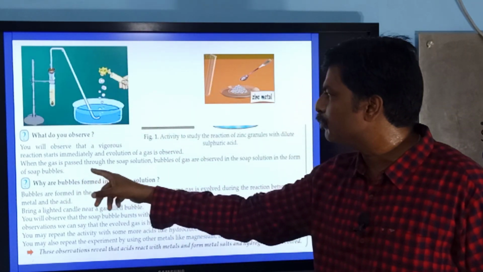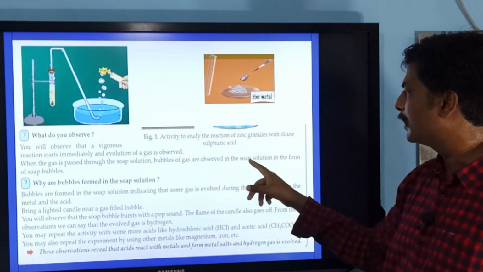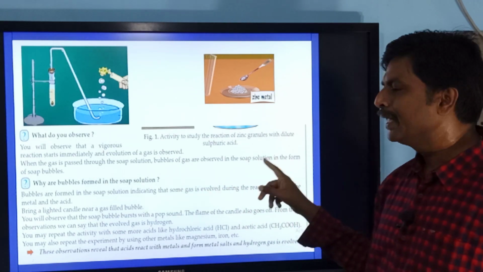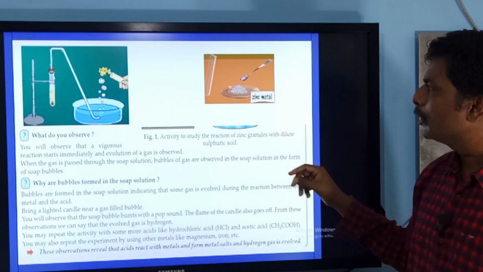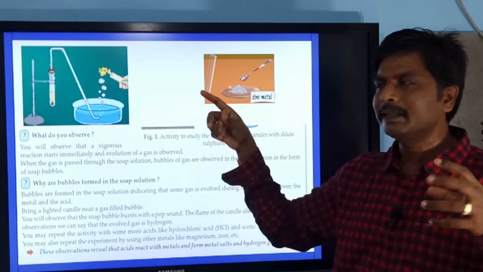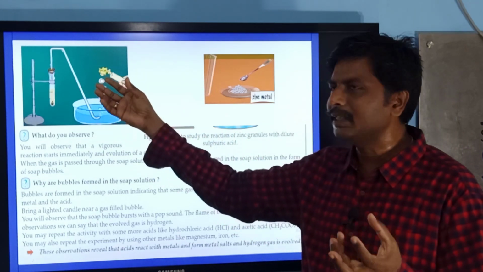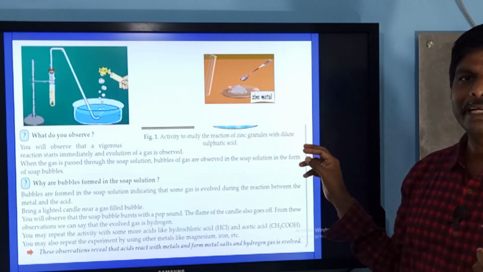When the gas is passed through the soap solution, bubbles of gas are observed in the form of soap bubbles. When you keep a burning candle near the soap bubbles, the bubbles put out the burning candle. It is easy to detect hydrogen gas.